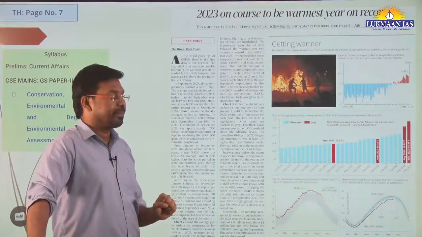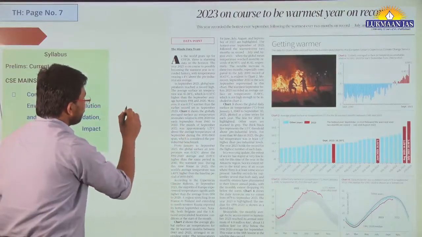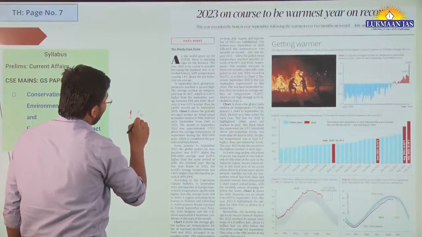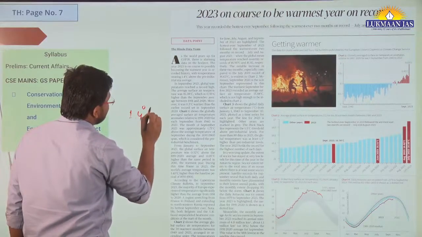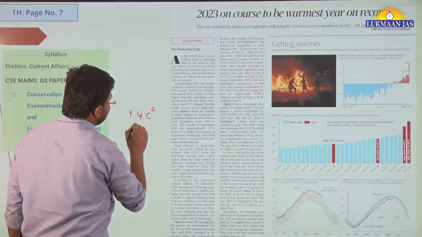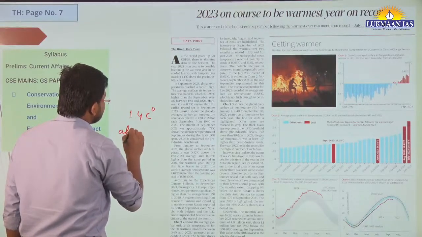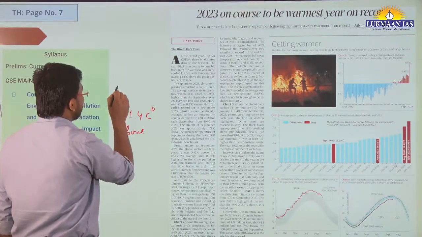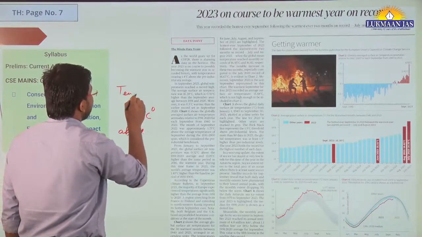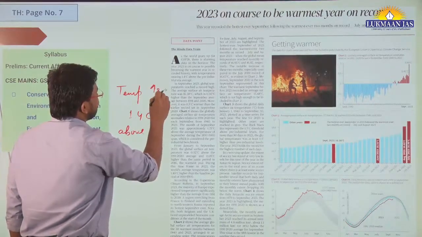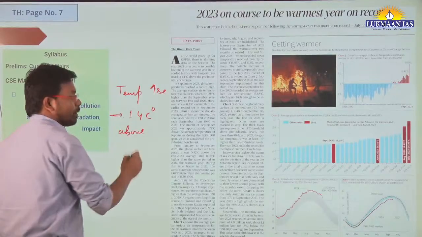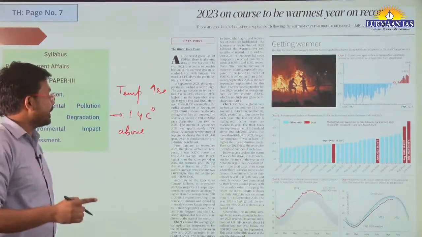How is it going to be the warmest year? Because at this point of time, we are 1.4 degrees centigrade above the pre-industrial level, which means the global temperature increase has reached 1.4 degrees centigrade above the pre-industrial level.